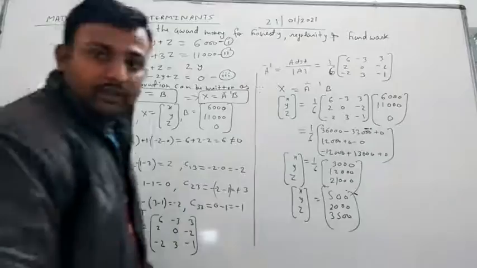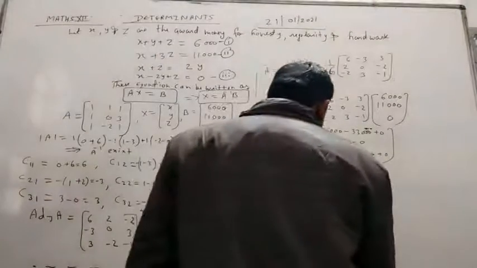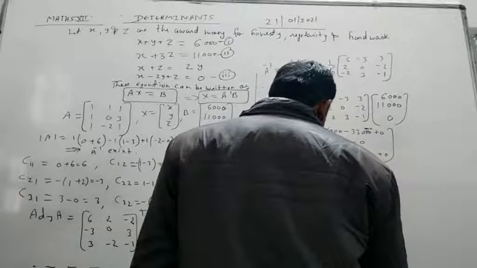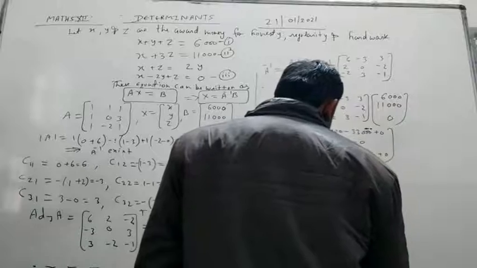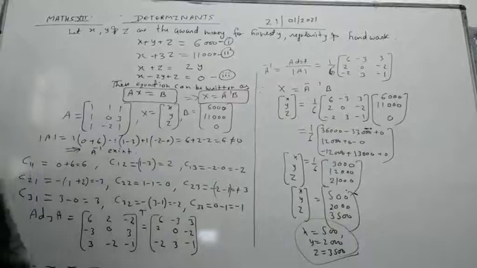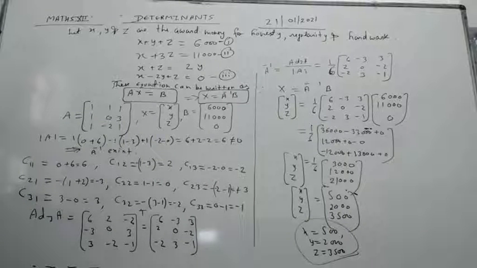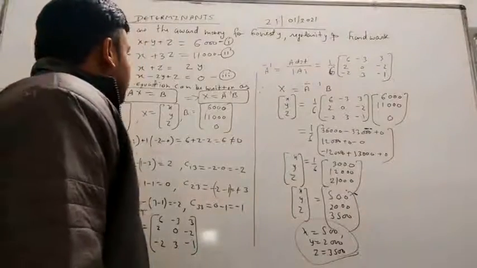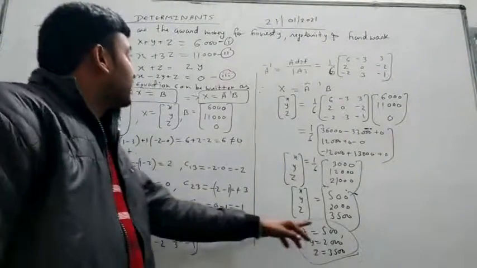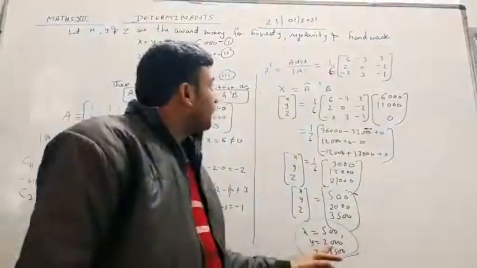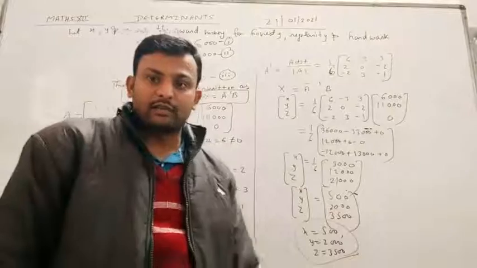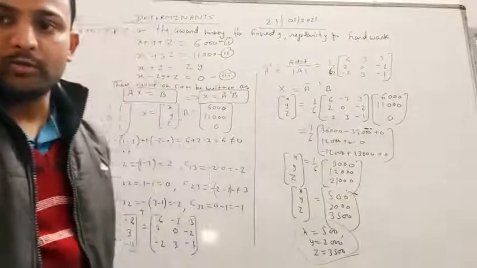Okay, so equating both sides, we are getting x is equal to 500, y is equal to 2,000 and z is equal to 3,500. Okay student, so the award money for honesty is 500, for regularity is 2,000 and for hard work is 3,500. I hope you understand student.